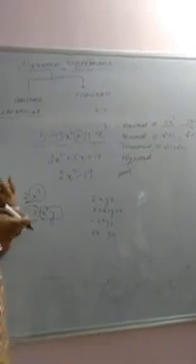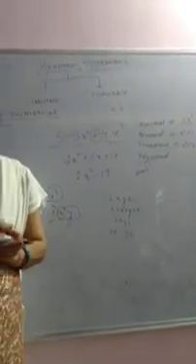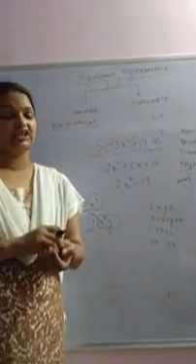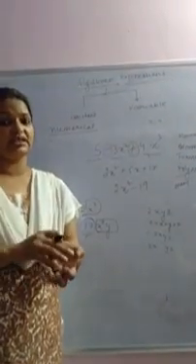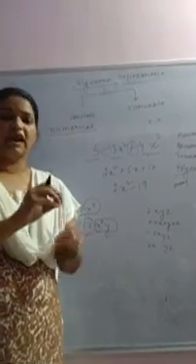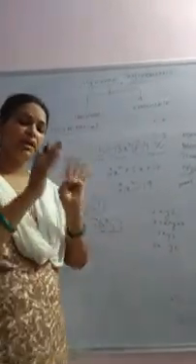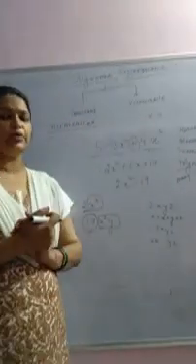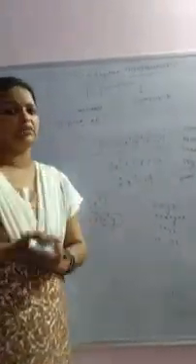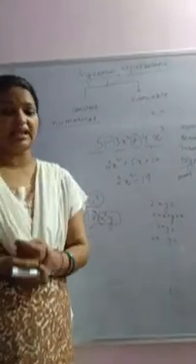And then addition and subtraction. Before addition and subtraction, we have to know what are the like terms and what are the unlike terms. The terms which are having the same variable part are known as like terms, and those whose algebraic part is not equal, it is known as unlike term.